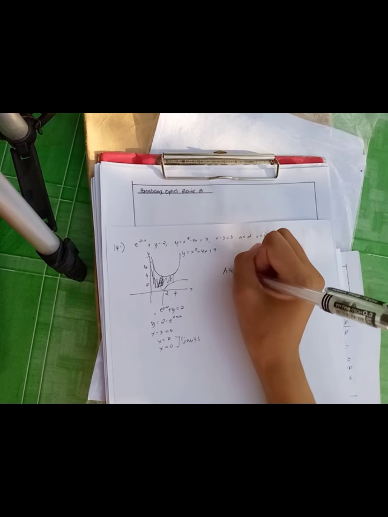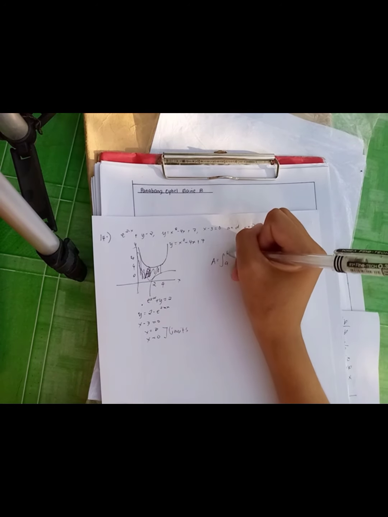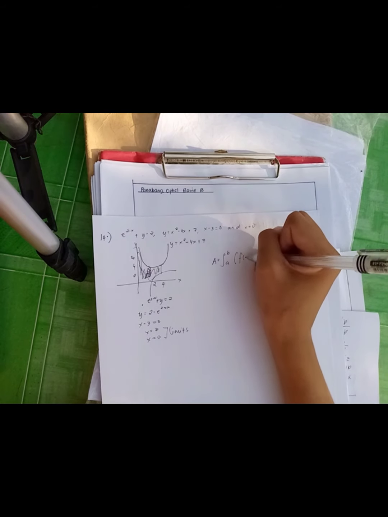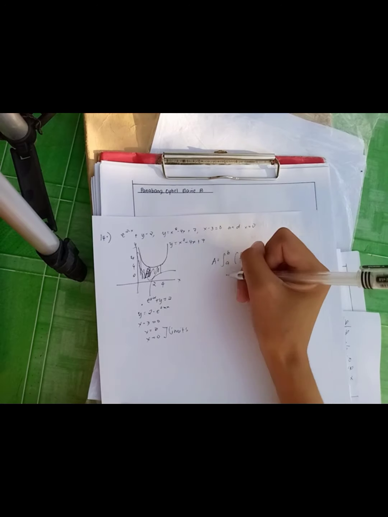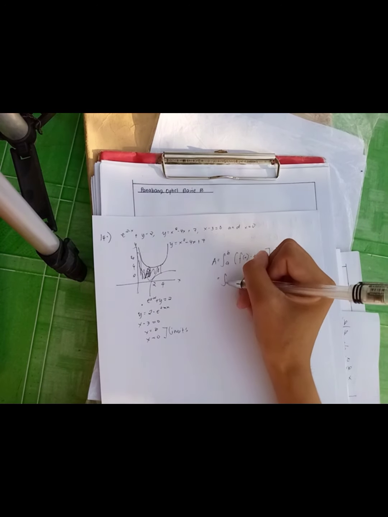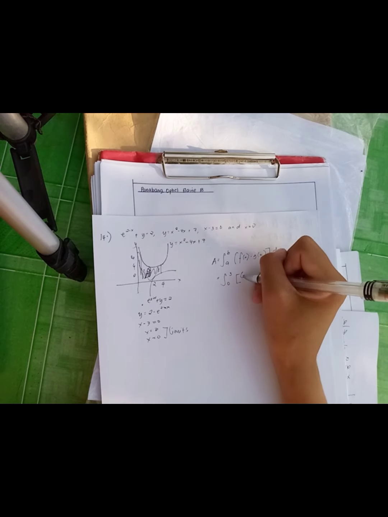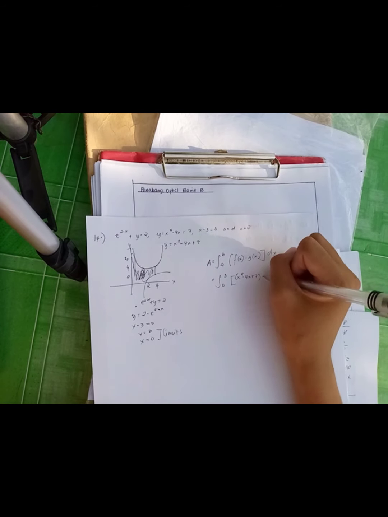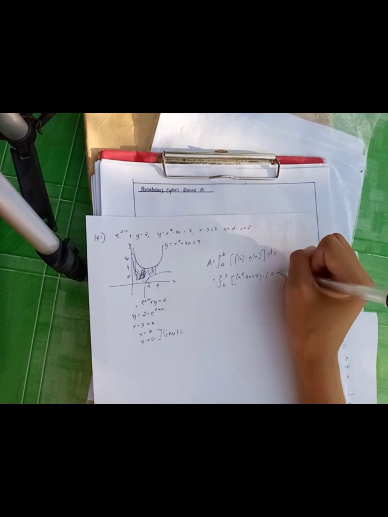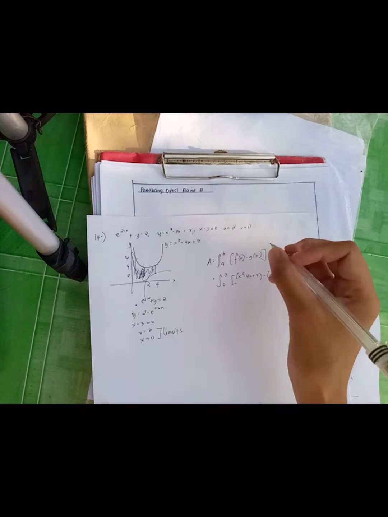So A, the area, sorry, excuse, from A to B, then f of x minus g of x. Ito po yung formula for the area, dx. Substitute 0 to 3. F of x natin is x squared minus 4x plus 7. And g of x is 2 minus e raised to 2 minus x dx.